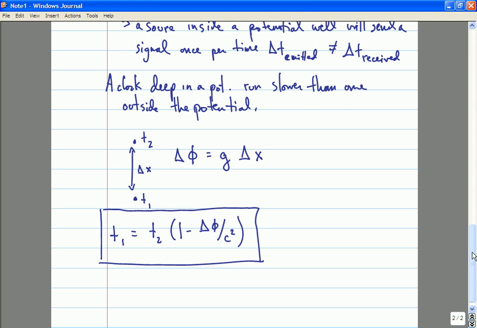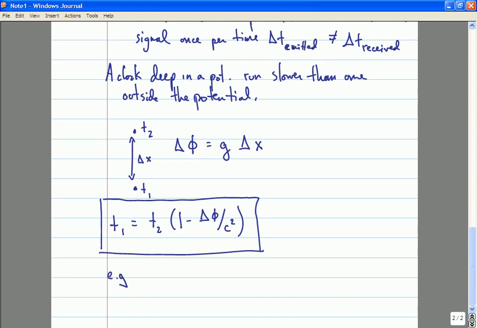So, for example, the sun's radiation is redshifted by an amount which is, I believe, a factor of about 10 to the minus 6, simply because of the gravitational field of the sun being very strong at the surface of the sun, where the light comes from, as compared to here on Earth, where the gravitational effect of the sun is relatively weak.